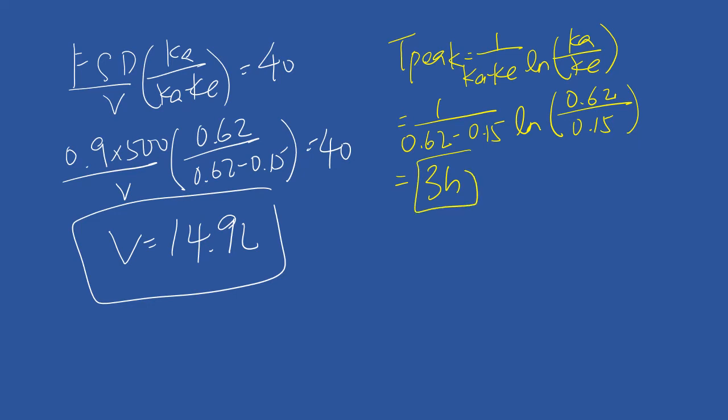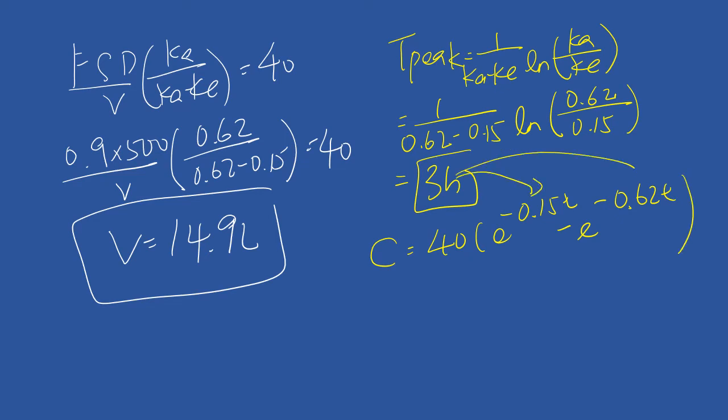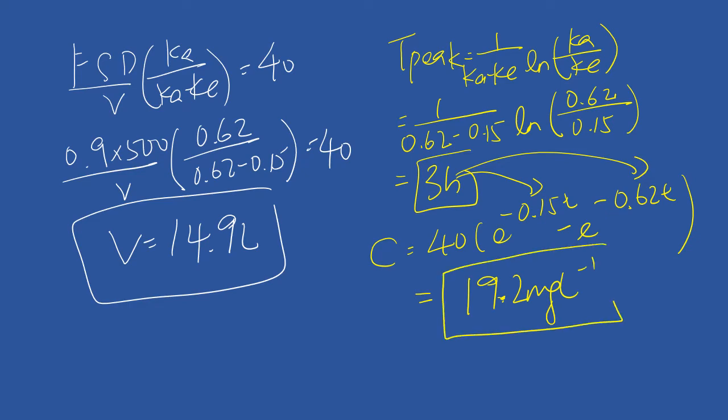And then write down the equation again: e^(-0.15t) minus e^(-0.62t). Substitute the 3 into the equation. You can find the concentration will be 19.2 mg per liter. That's all for this question.